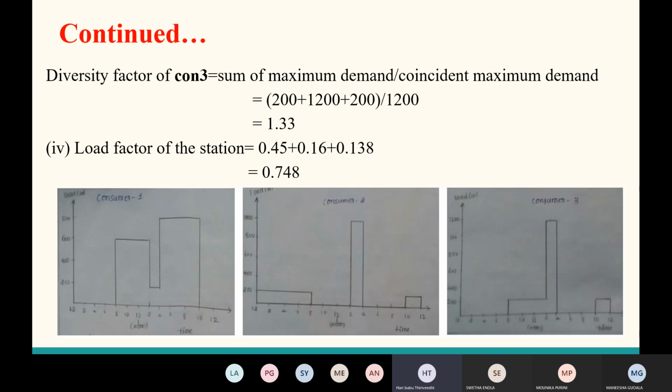And we have to find the maximum demand of the station, because they gave the diversity factor, right? The diversity factor is equal to the sum of individual maximum demands divided by the maximum demand of the station.